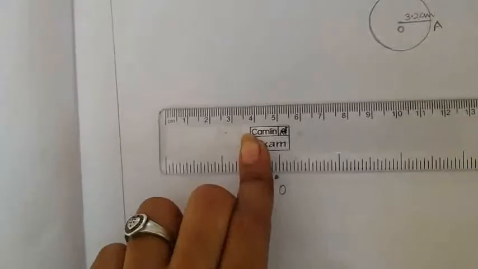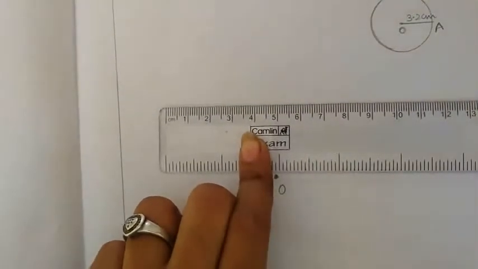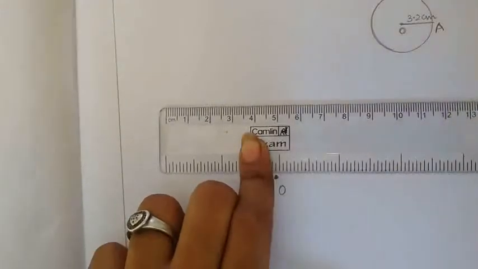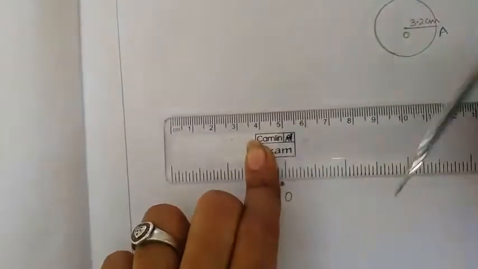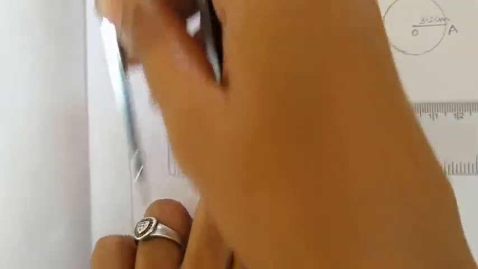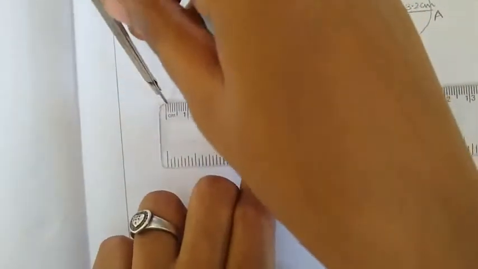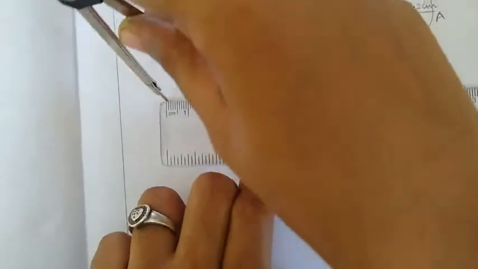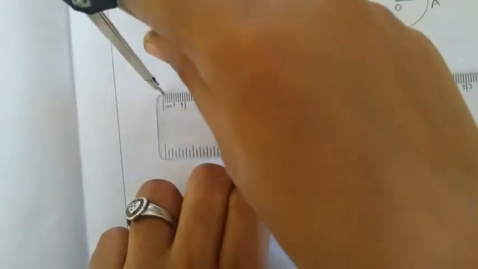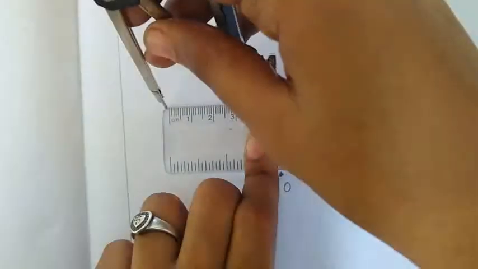Here radius is 3.2 centimeter. So place the compass pointer on the 0 mark of the ruler. So here this is your 0. Then open the compass for the required radius 3.2 centimeter.